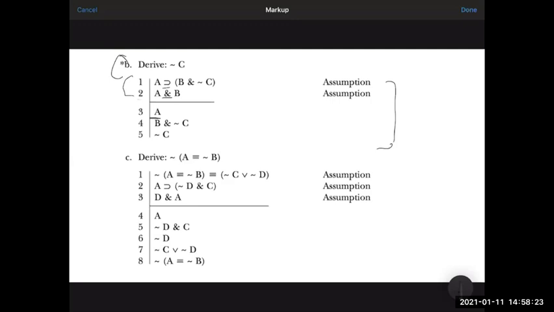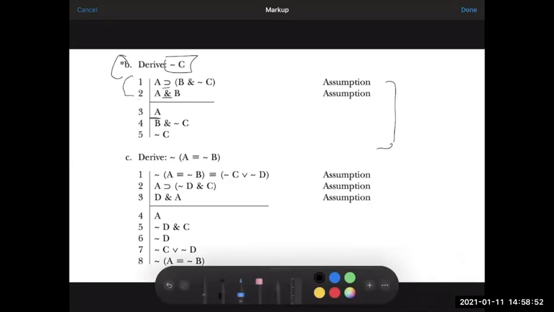So if the main operator in 1 is the horseshoe, all you can really do with that line is any horseshoe rules, horseshoe elimination or horseshoe introduction. Now, it's not clear why you would want to do horseshoe introduction. You already have a horseshoe in there. You want another one on there? I guess that's fine, but you're trying to derive tilde c, and nothing about adding a horseshoe would help you get to tilde c, right?